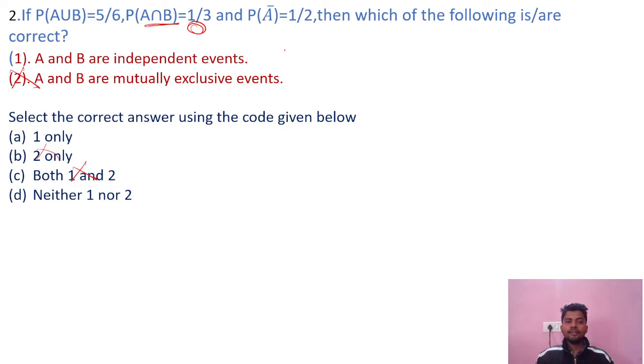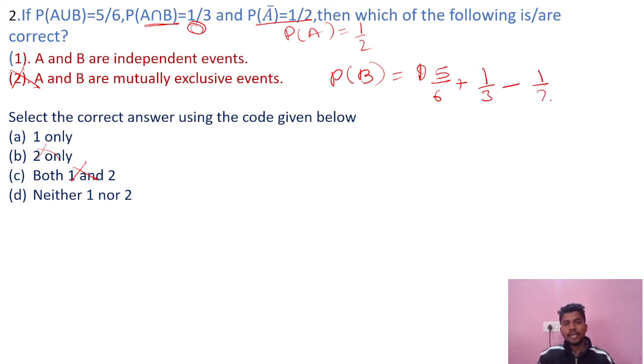Now we know that if we have P(A complementary), then P(A) equals 1 by 2. Then we can calculate P(B) with the formula of P(A union B): that is 5 upon 6, plus P(A intersection B), minus P(A). The LCM will be 6, so 5 plus 2 minus 3 by 6 equals 4 upon 6, that is 2 upon 3.